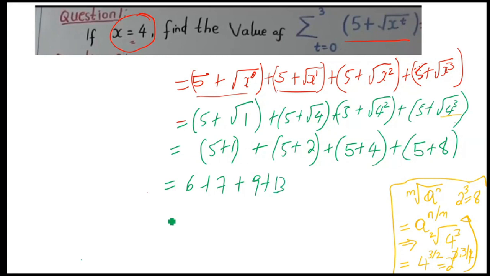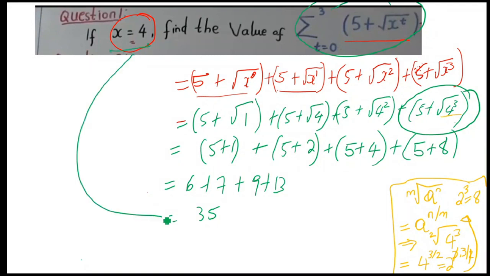So this is equal to 35. The reason why I have done all of this question is because I wanted us to review this part. I wanted us to review the laws of the exponents, because that is one of the critical aspects that is being addressed by the question. So now the value of this, when x is equal to 4, is equal to 35. Okay.